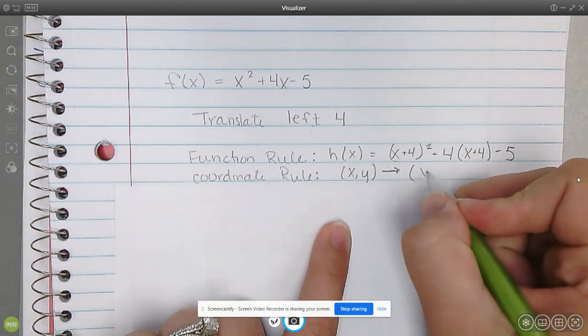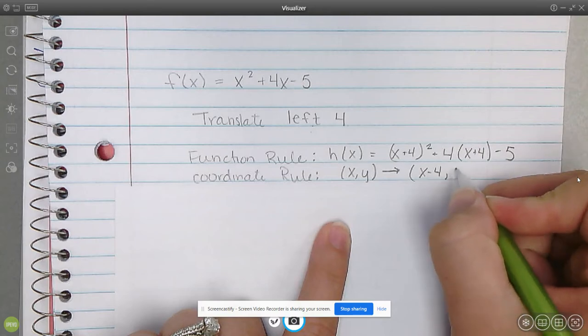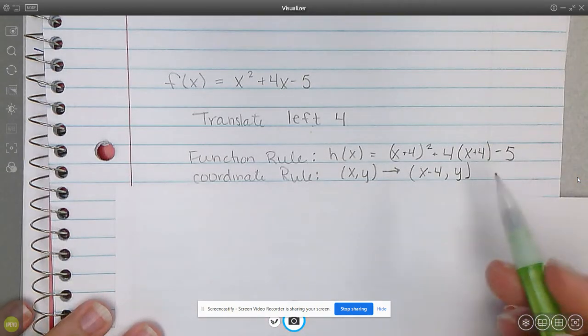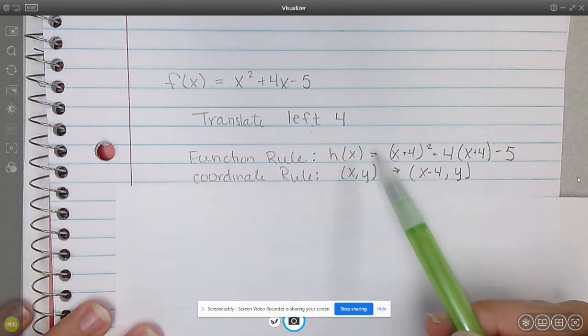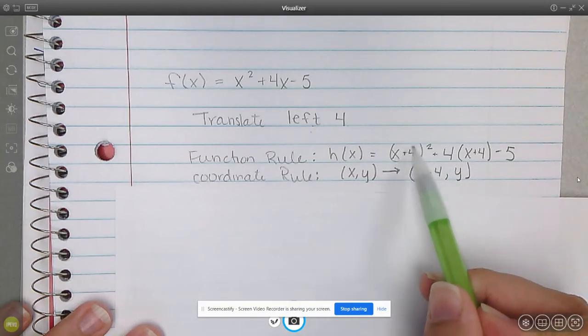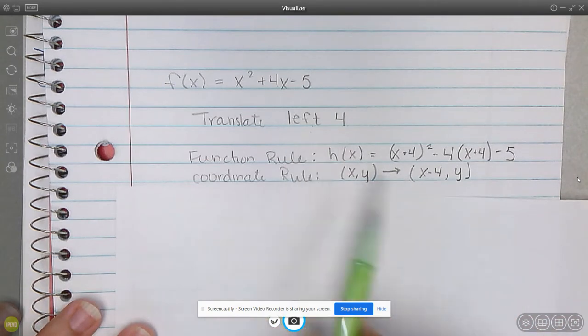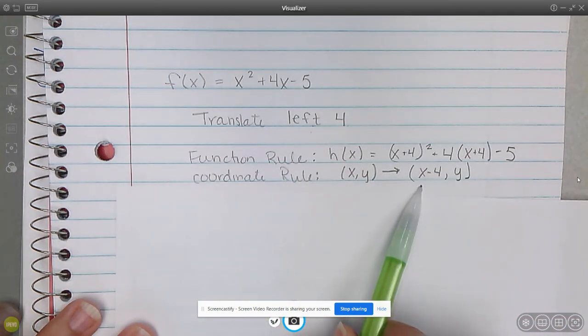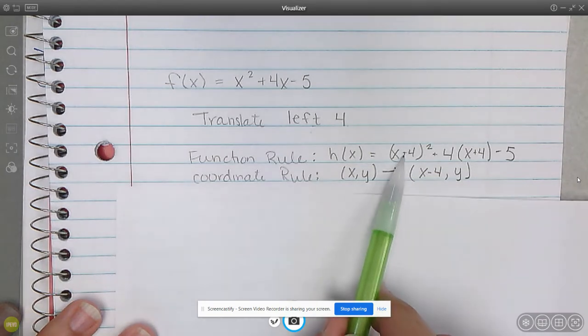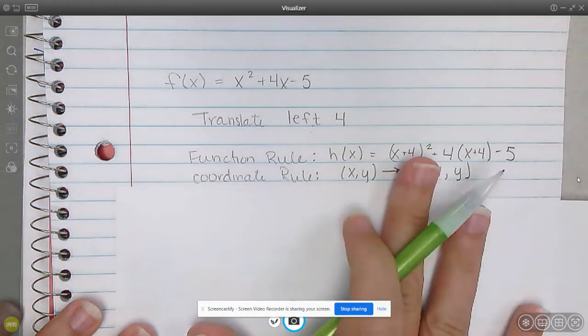So this is going to be x minus 4 comma y. The reason this one gets confused is when you're writing your function rule, it's the opposite of what you would think. But when you write your coordinate rule, it actually follows what you're doing. So if you're going left 4, you're going to subtract 4 from your x values. But in your function rule, you do the opposite, which is adding.